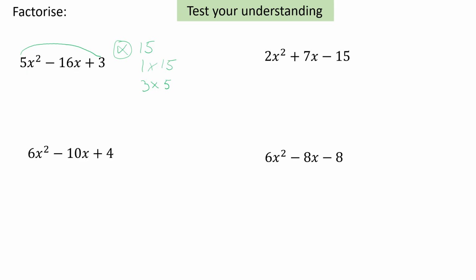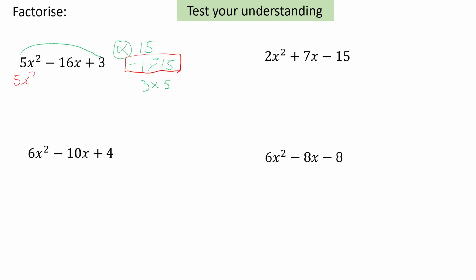If you add the two numbers, you need to get negative 16. So negative 1 times negative 15 is positive 15, and negative 1 plus negative 15 is negative 16. So the combination for the factors is negative 1 and negative 15.